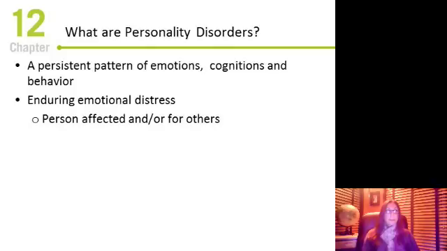Even distant people, like an acquaintance, may be affected by the way you're behaving, by your disorder. It causes you difficulties at work and in your interpersonal relationships, as well as causing others distress. Sometimes it may cause others more distress than you, because you don't see it as a problem, so your actions aren't bothering you, but they're affecting other people.